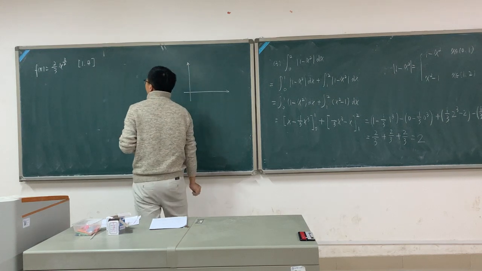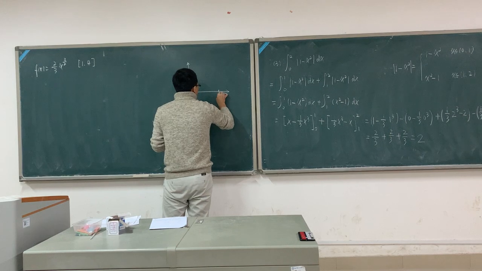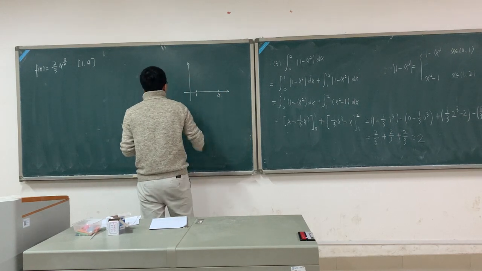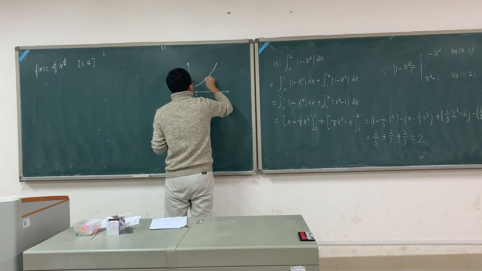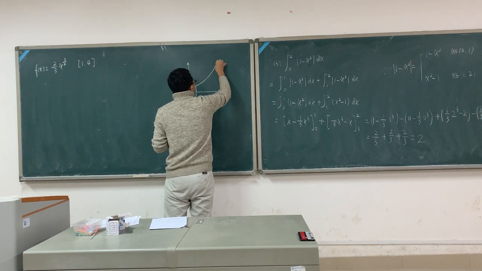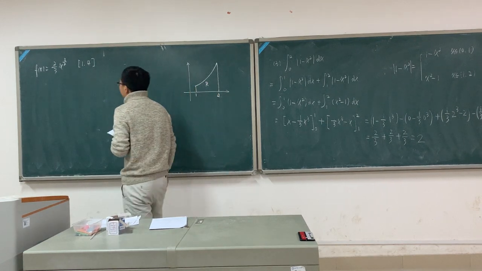We can plot it from 1 to 4. Here is 1, here is 4. This function is like this. So this is the region R.